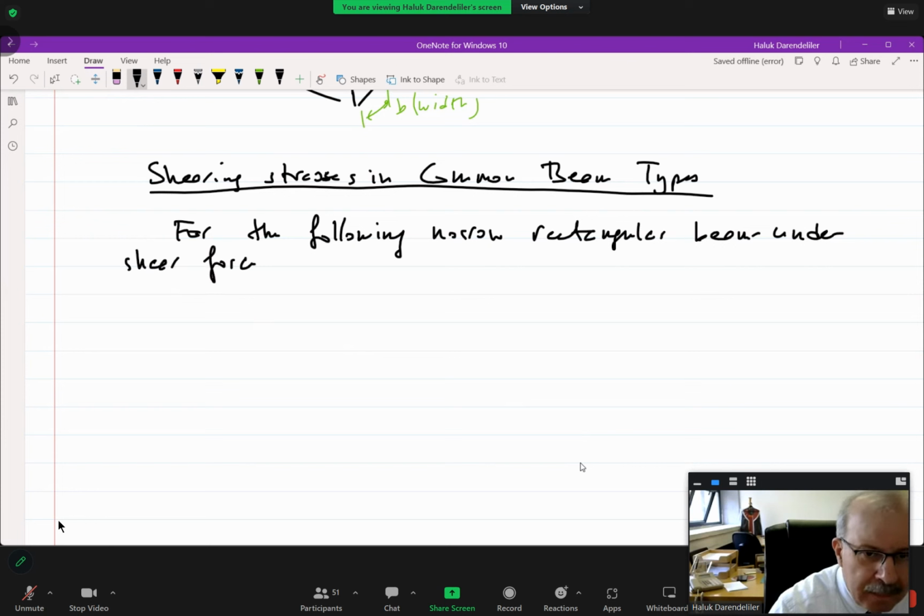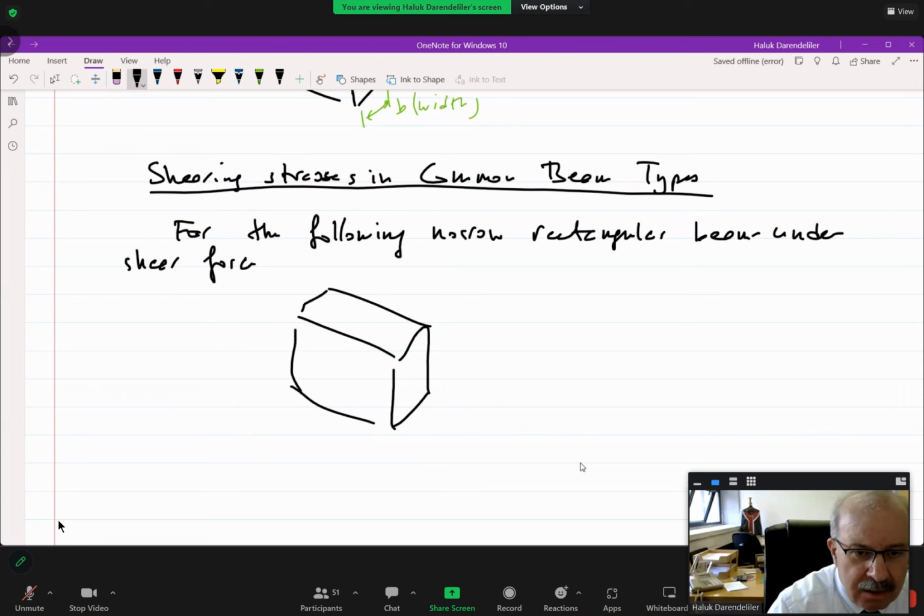So what we are saying is this: we have such a beam, a rectangular beam. And this beam has such a coordinate system, say X, Y, and Z. Of course, these are centroidal axes. Maybe I should correct this to make the figure more understandable.